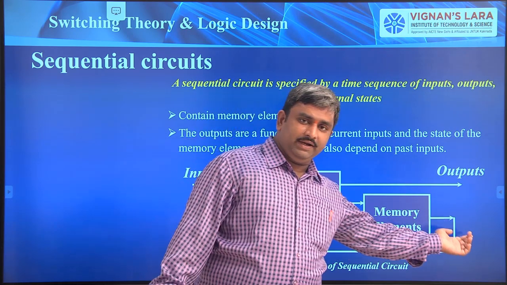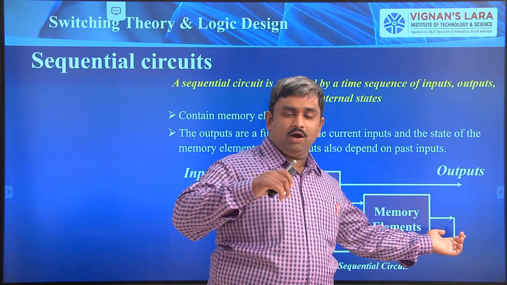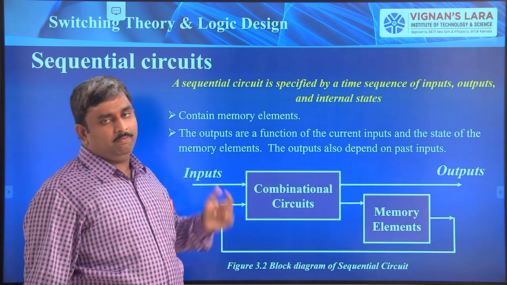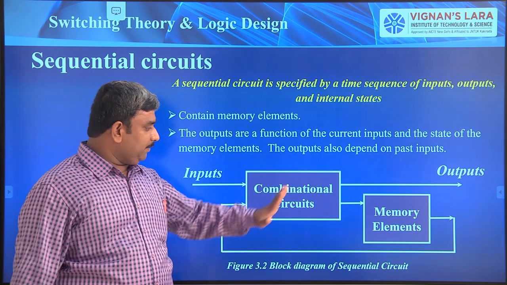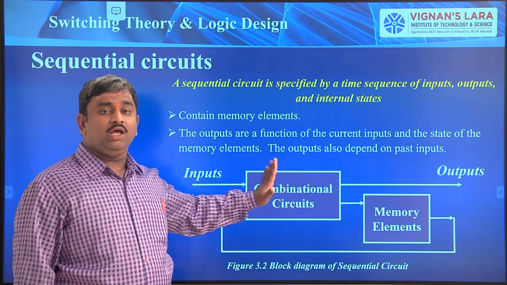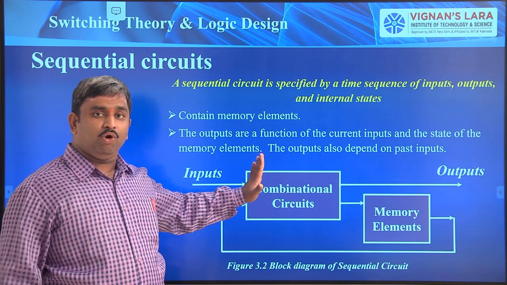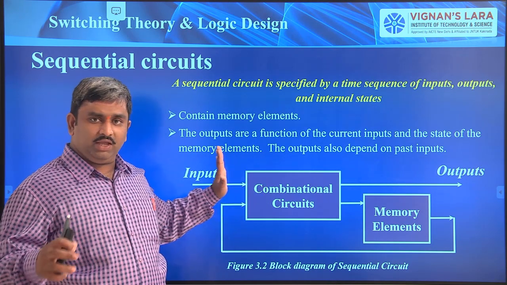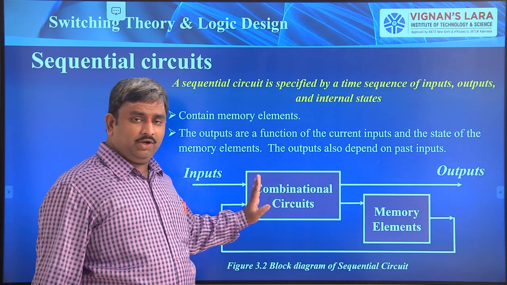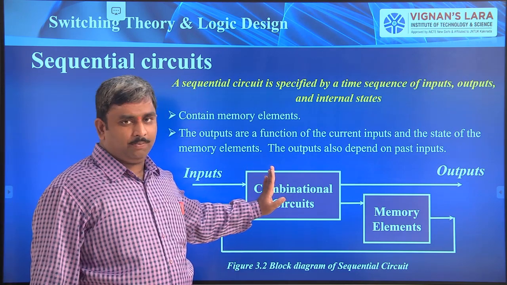These memory elements store the information of the previous state of the output, and give it as input to the combinational circuit. Here, this is nothing but the fan. In an AC we also have a fan; generally we call them blowers. Blowers are also used for blowing air. So this is nothing but the fan or blower.